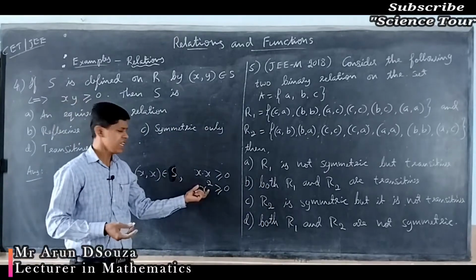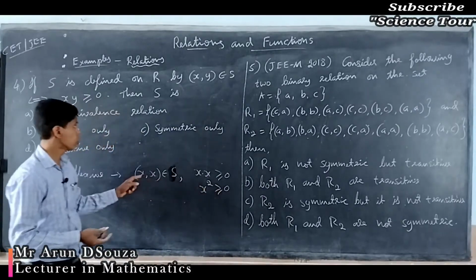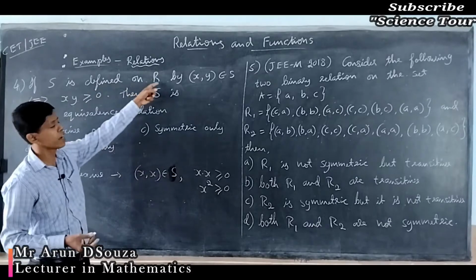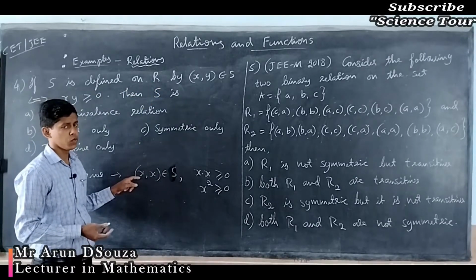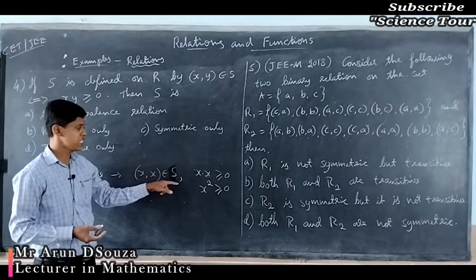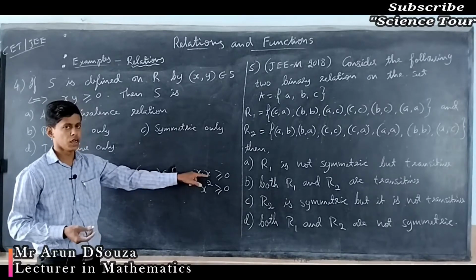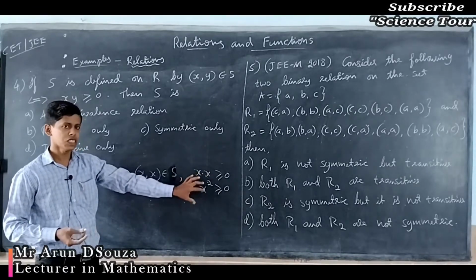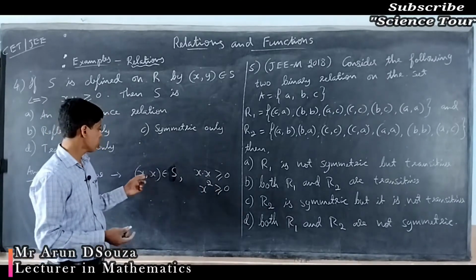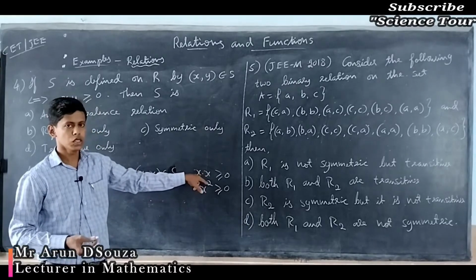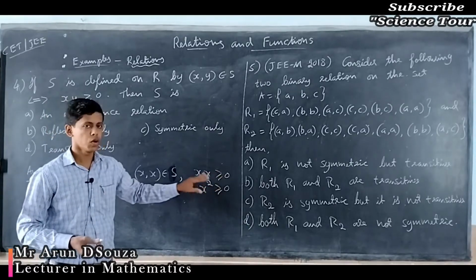For any value of x, you take positives, you take negatives. It is defined on the real numbers. You take any real number, say minus 1. So (minus 1, minus 1), will it belong to the relation? Yes, because minus 1 into minus 1, that is minus 1 whole square, which is 1. That is greater than or equal to 0, positive itself. You put (0, 0), 0 into 0 is 0, so it is equal to 0, satisfies.